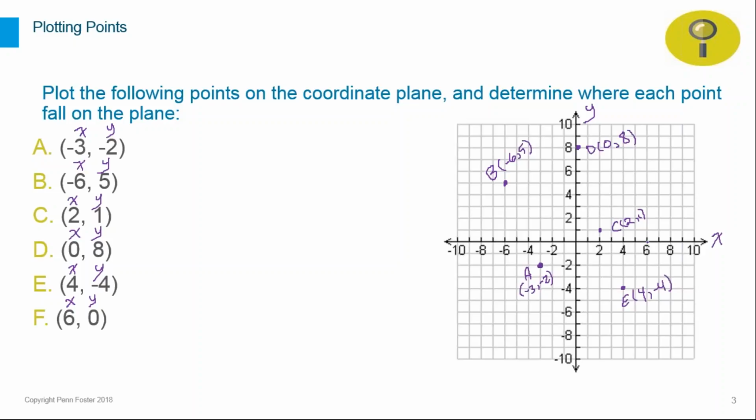Well, we're not going in either direction because y is 0, meaning do not go anywhere. The point will be on the x-axis. So this is our point right on the x-axis. It's not in any of the quadrants. So this is F, and that is 6 and 0.